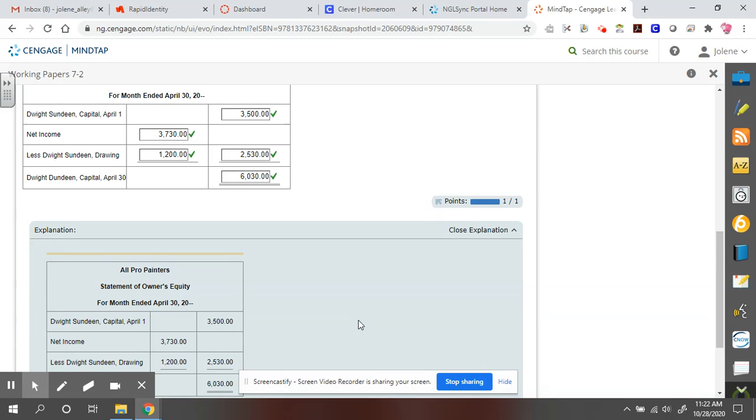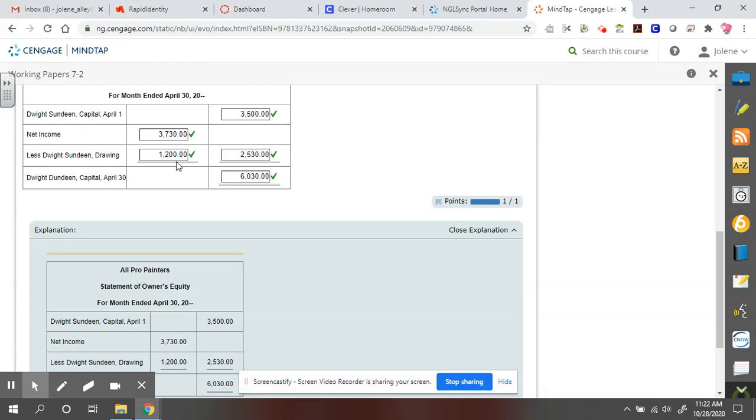Got those green checks. Again, I got the 3,500 off of the worksheet. I got the net income and the drawing dollar amounts off the worksheet. I subtracted these and I found out that we had more profit, so that makes this a positive number.